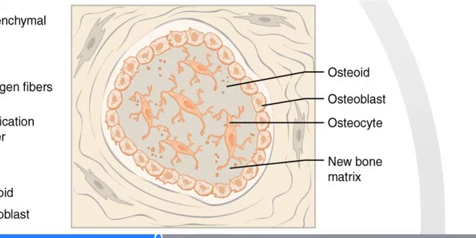Not like they couldn't get out in time, but they become incorporated into the bone matrix, and those mature into osteocytes. The osteocytes will then be able to maintain the bone matrix for the life of the bone. The osteoblasts continue to divide, and they make up an outer layer around the ossification center, which will continue to lay down more osteoids and bone matrix.